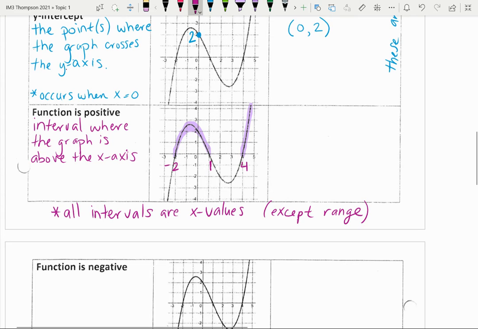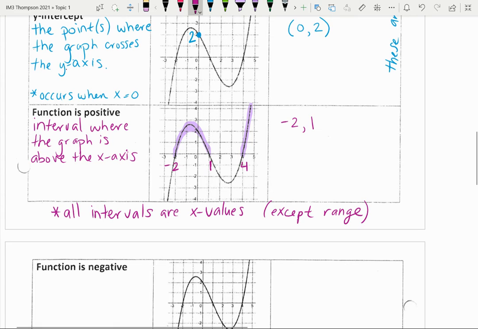And we're going to name those intervals. So this portion is above the x-axis. It starts at -2 and goes to 1. It's an interval from here to there. Now, when I'm talking about things above the x-axis, that's not going to include this point -2, 0, because that's neither above nor below.